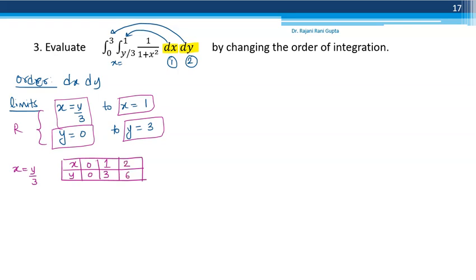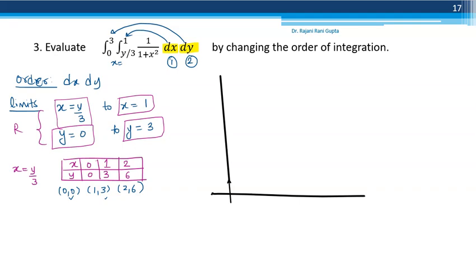So it will be easier for you to plot the points, say 0, 0, 1, 3, 2, 6, and so on. 2 points are sufficient to draw that line. Okay, so let's draw the graph. So the graph will be, this is, let's say, y-axis. Okay, and say this is your x-axis.